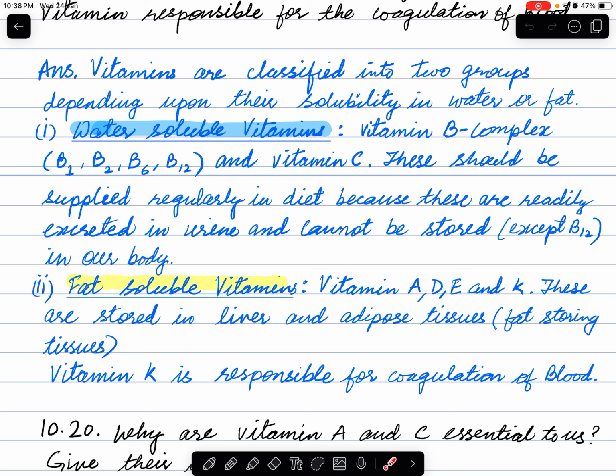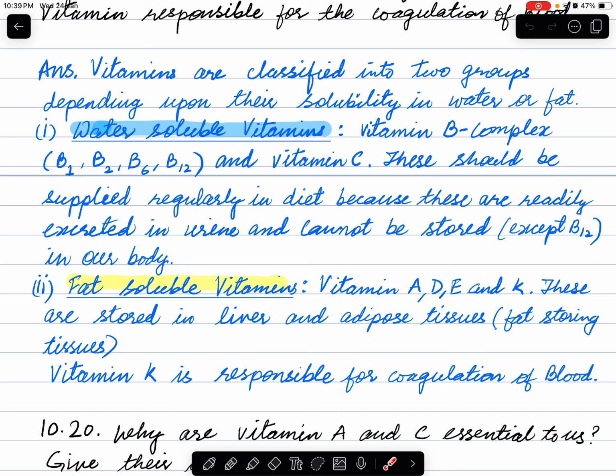Next are fat soluble vitamins. So those vitamins which are soluble in solid fat or oils are the fat soluble, and examples are vitamin A, D, E and K. And as the name suggests, we should take these vitamins along with fat so that they are readily absorbed by our body. These are stored in liver and adipose tissue.